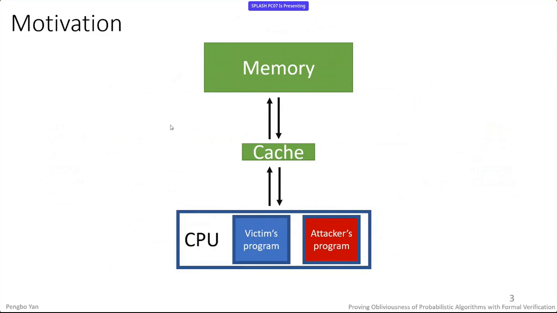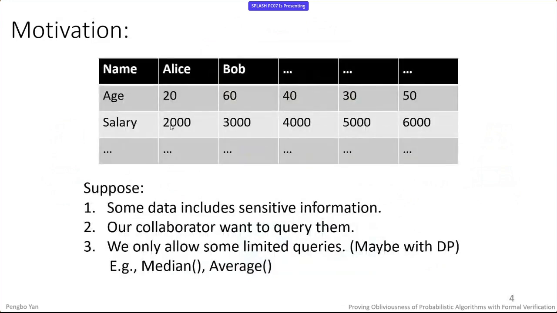We will call this sequence of locations read or written by the victim programs the memory access pattern. And this memory access pattern may be known by the attacker. So here is an example of how this memory access pattern leaks information.